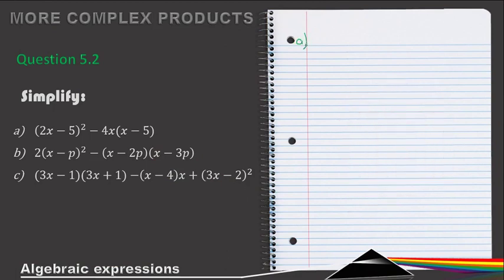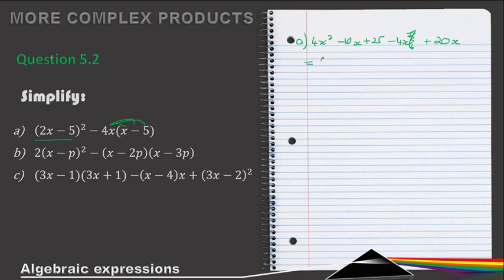Okay, A. So multiplying these out, I get 4x squared minus 10x plus 25. And then I have my minus 4x there. So inside the brackets, actually this I can multiply out immediately. So this then becomes, I'm just going to scratch that, minus 4x squared when I multiply it with the first term, plus 20x.